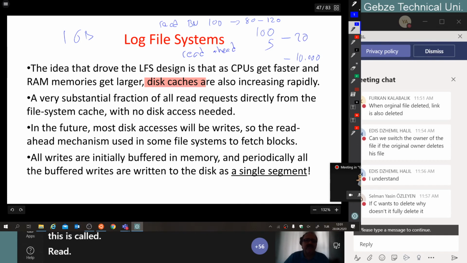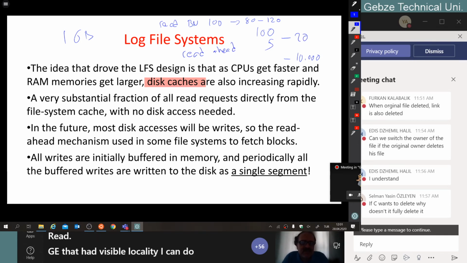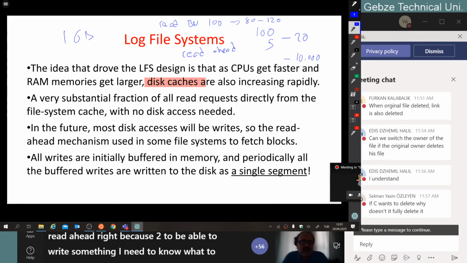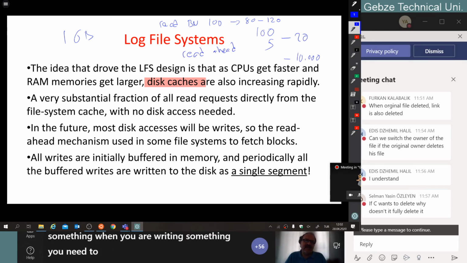Principle of locality. I can do this with reads, but when it comes to writes, there is no such thing as read-ahead write, because to be able to write something, I need to know what to write, right? So I cannot do this optimization when it comes to writes. When you are writing something, you need to go to the disk and write it.